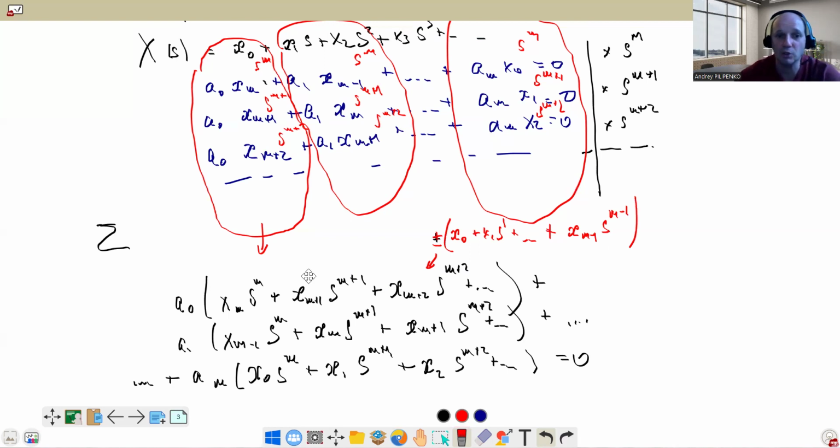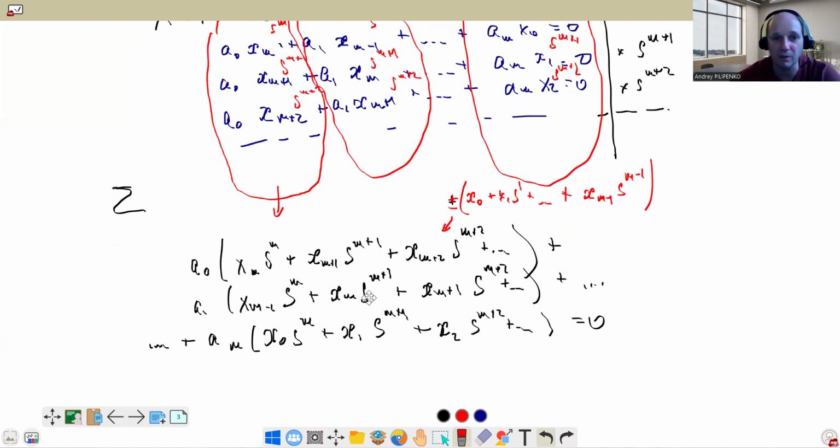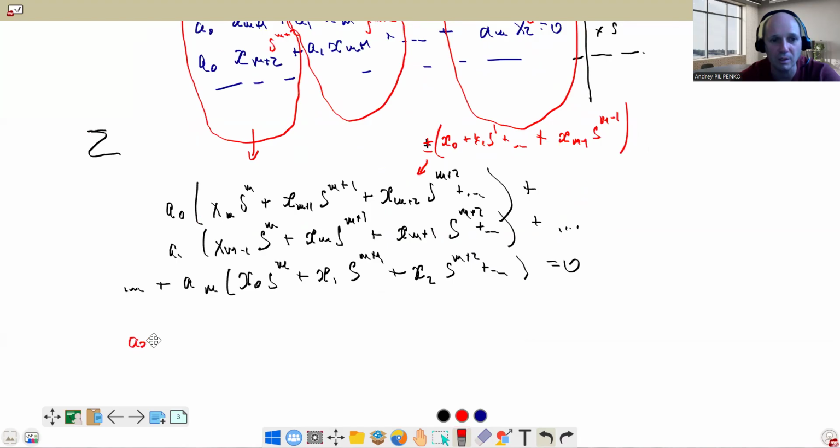So it's written here, the generating function: a0 (X(s) minus this polynomial of degree m-1 in s), plus a1. We see that indices here are different, m-1 and m.